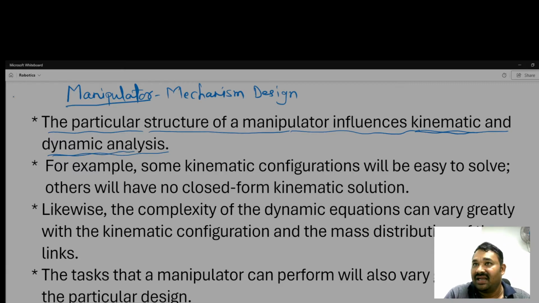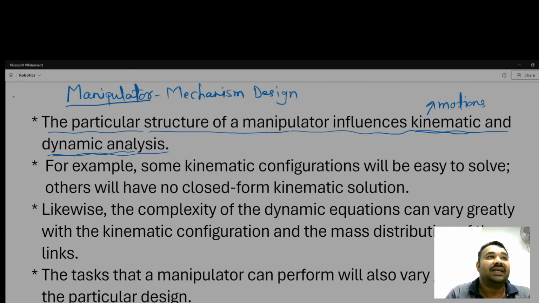Kinematic, as you know, we study about motions. Motions means suppose we want to know the position, either linear or angular, or velocity or accelerations, without knowing the cause of the motions.